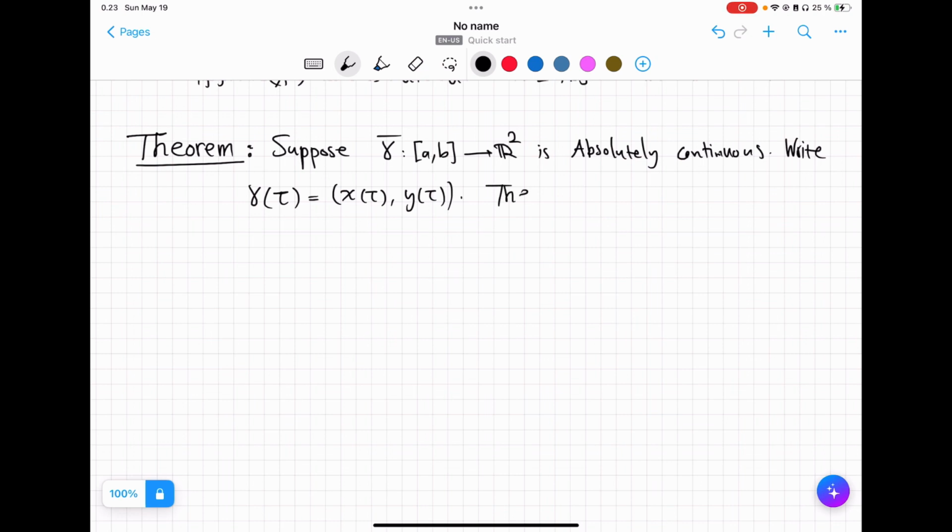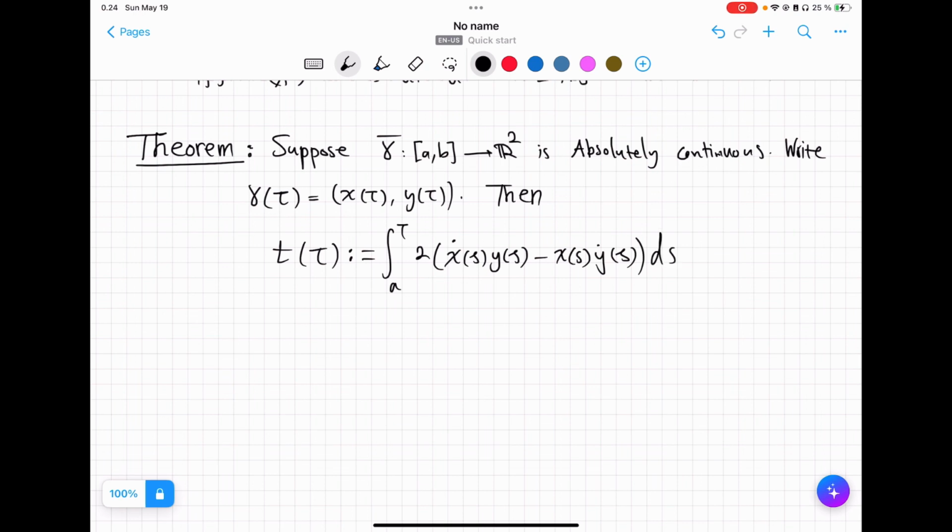Then the claim is that we can define a new function t of tau by integrating from a to tau the quantity 2 times x prime of s y of s minus x of s y prime of s, of course, the one from above, from condition star, ds.